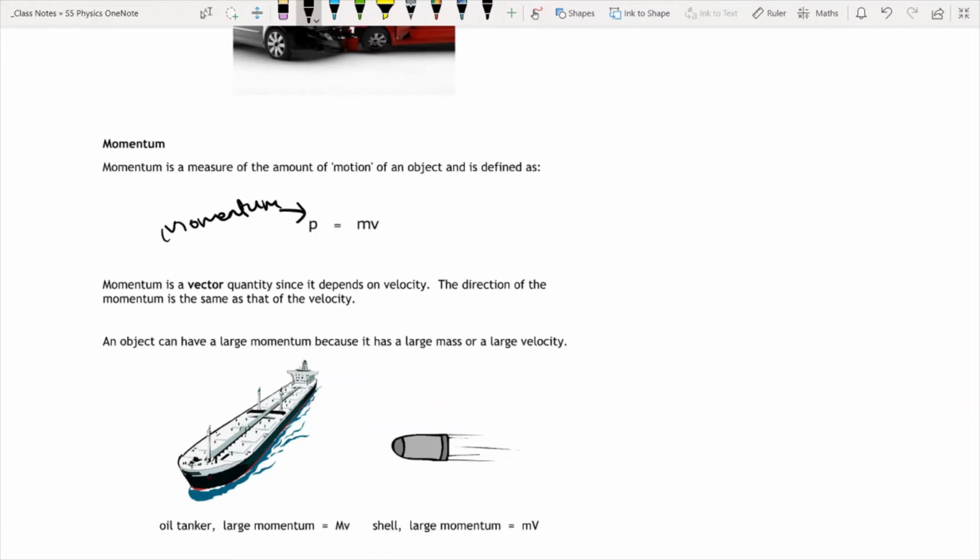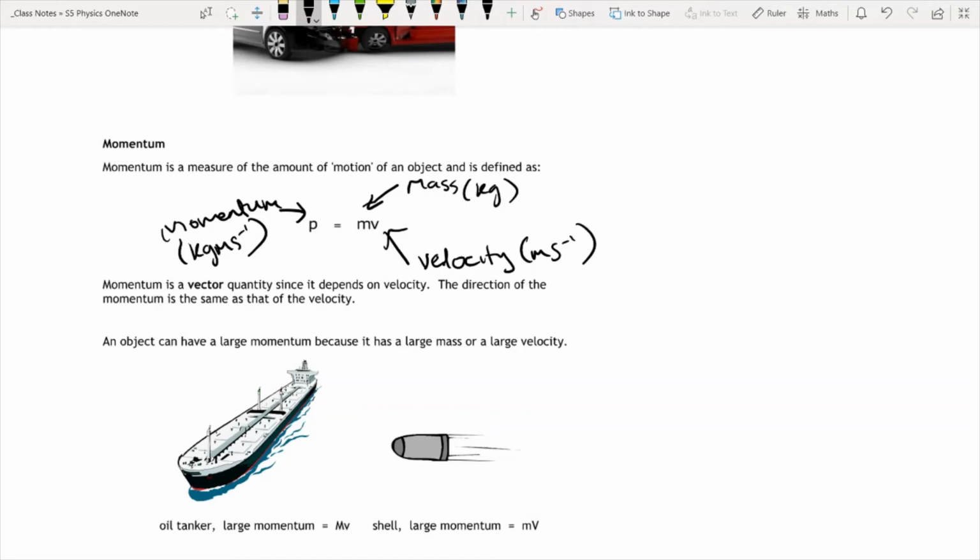And momentum units are kilogram meters per second, because momentum is mass times velocity, so it's the units of mass times by the units of velocity. M is mass in kilograms, and V is velocity in meters per second.